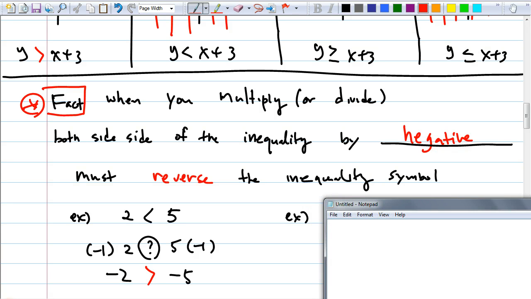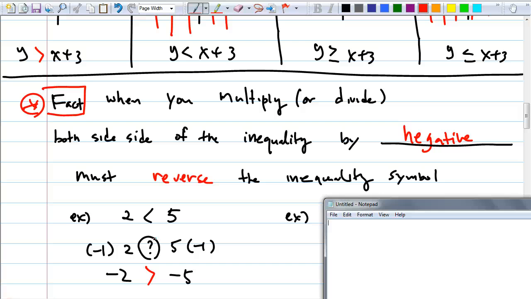Which one is greater, negative 2 or negative 5? Negative 2 is greater, since it is to the right of negative 5. If I had kept the inequality symbol as it was, would the statement be true? No. That's why you have to reverse it when you divide or multiply both sides of an inequality by a negative.